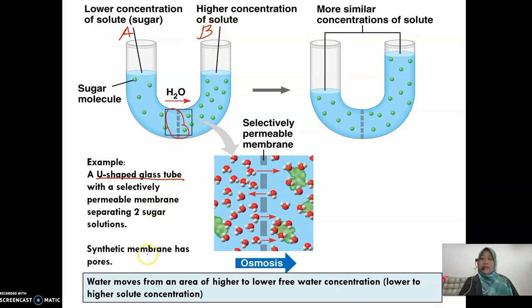This membrane has pores. You can see here, this pore only allows water molecules to pass through, not glucose molecules. So only water can pass through, no glucose can pass through. Glucose is the solute.